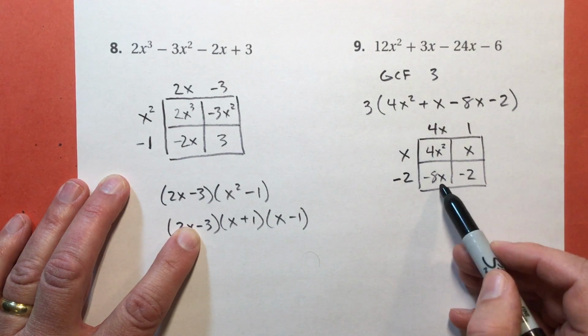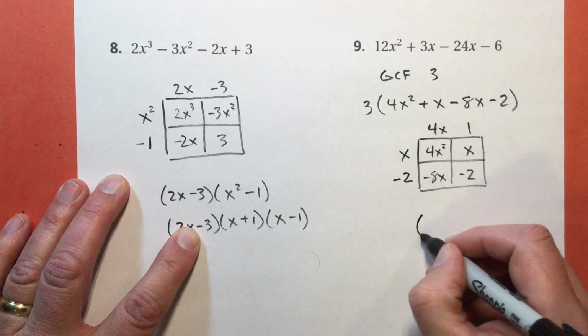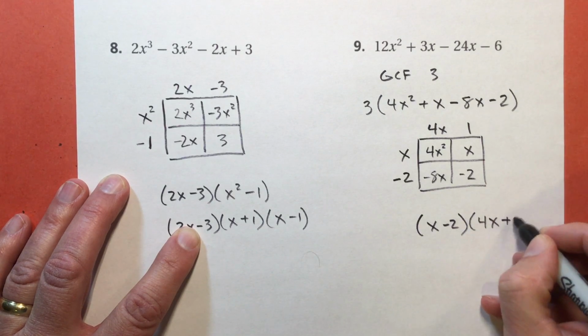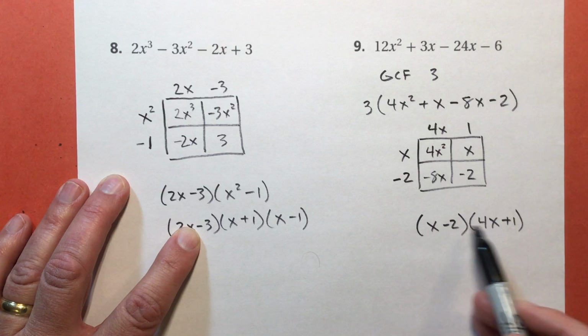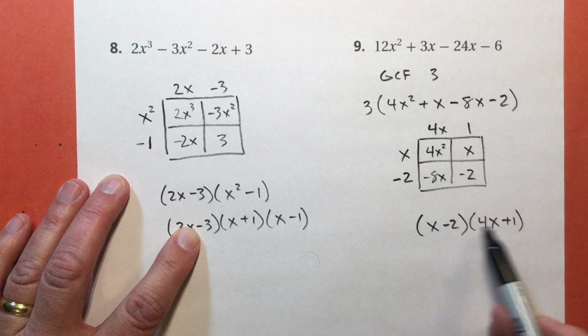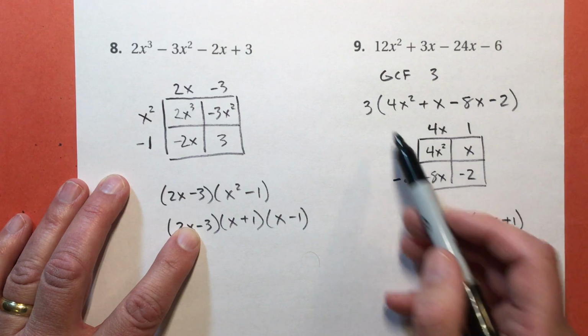Negative 2 times 4x is negative 8x, and negative 2 times 1 is negative 2. So my factors are x subtract 2 times 4x plus 1. Neither of these has x to the second power, so I don't have to worry about the difference of squares. This is completely factored, except, don't forget the 3.